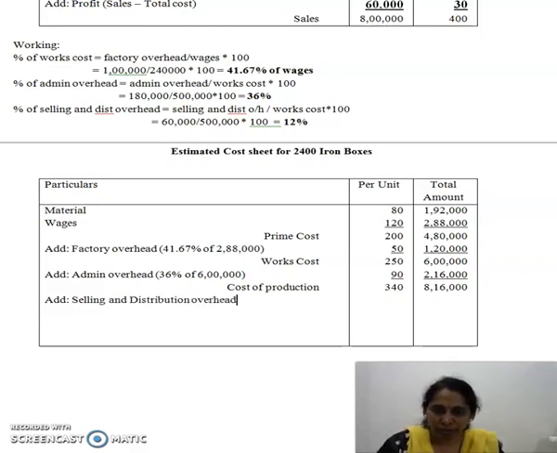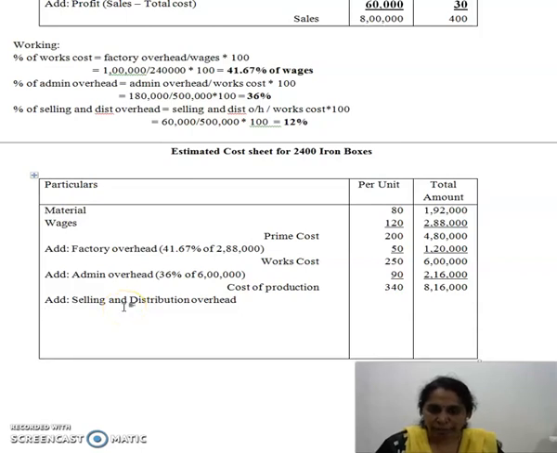For this also, the percentage is given. How much is the percentage? The percentage is 12%. So what is the amount? 12% of works cost. So here how much is the work cost? 6 lakhs. So instead of work cost, I am replacing it with 6 lakhs. How much is it coming?